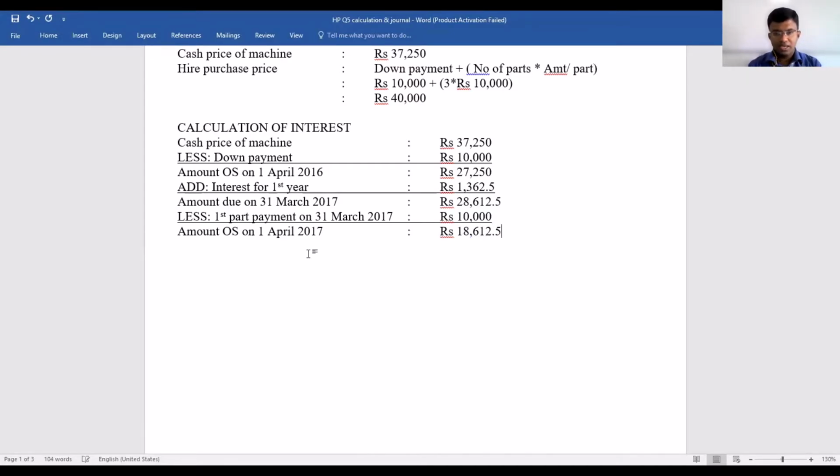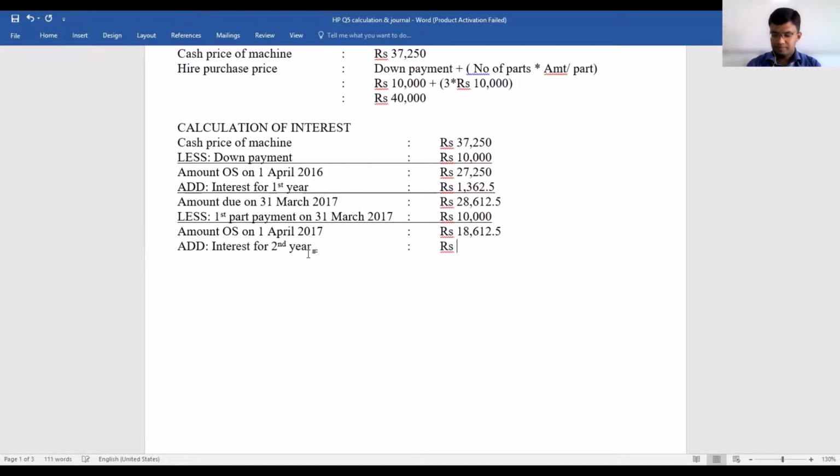So this works out to be 18,612.5, and to this we have to add interest for second year. So interest for second year is how much? Let's just quickly calculate that.